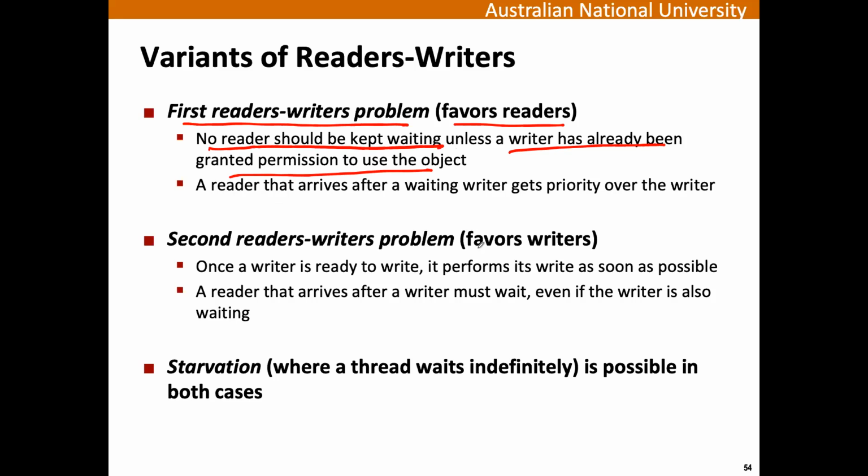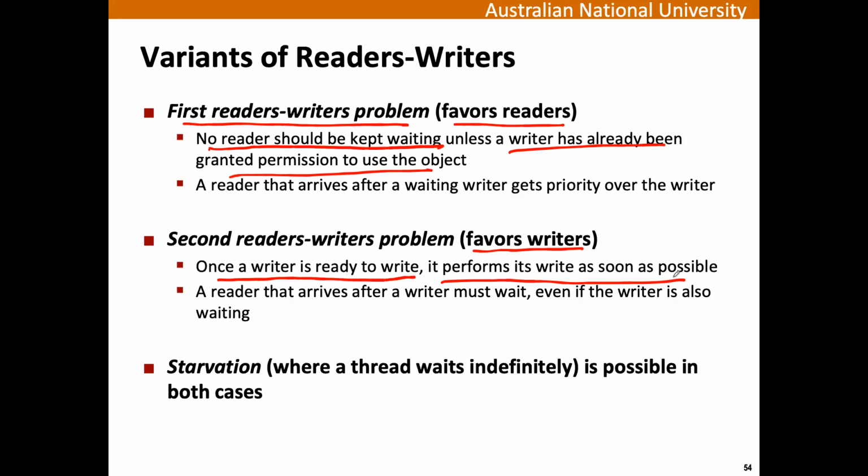The second problem favors writers. Once a writer is ready to write, it performs its write as soon as possible. So a reader that arrives after a writer must wait, even if the writer is also waiting.